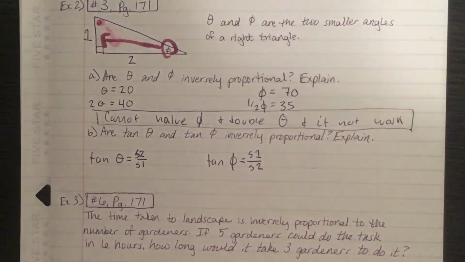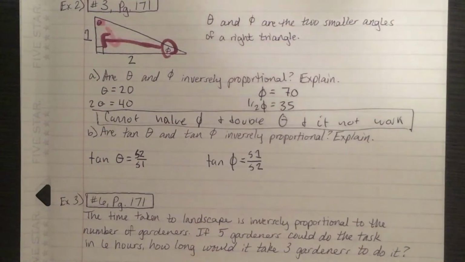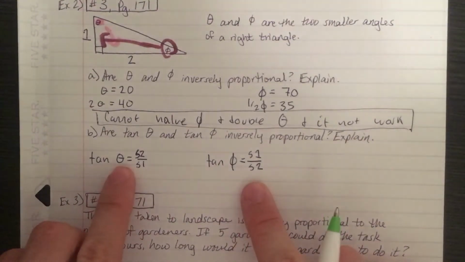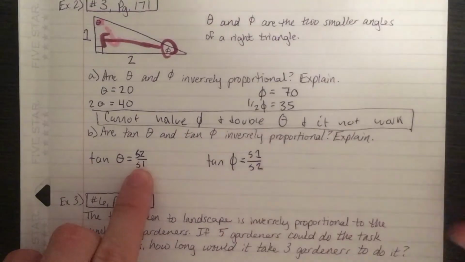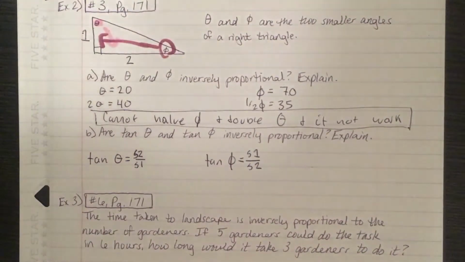And so what we're trying to ask ourselves is, are these two things inversely related? Take a second and think to yourself, looking at tangent of theta and tangent of phi, looking at what those end up being, and come to a conclusion yourself real quick.